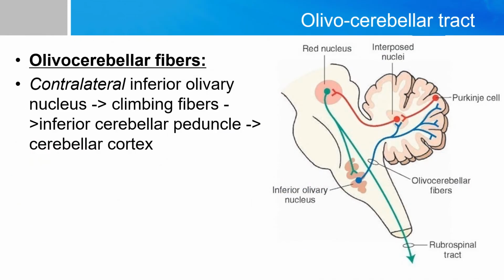We kind of alluded to the olivo-cerebellar fibers when we talked about the climbing fibers. And these fibers arise from the inferior olivary nucleus in the medulla. After taking the origin in the inferior olivary nucleus, the fibers, the tracts, then climb up, and hence the name climbing fibers, across the midline into the cerebellum via the inferior cerebellar peduncle.